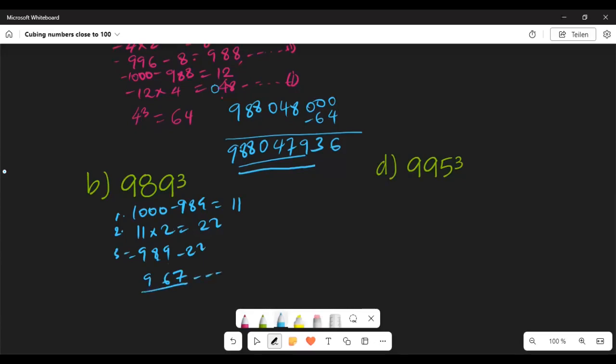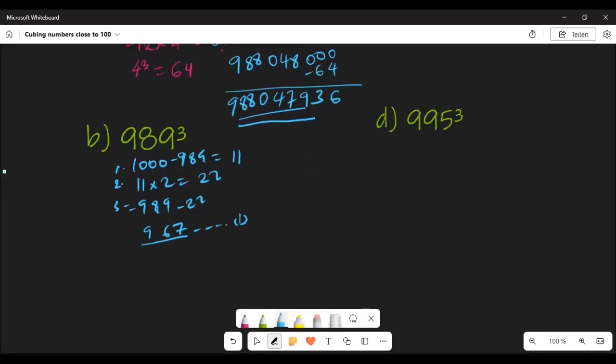So this is going to make the first part of our answer. The second part of the answer is going to be when we say, what is 1,000 minus 967, which we know is going to be 33.